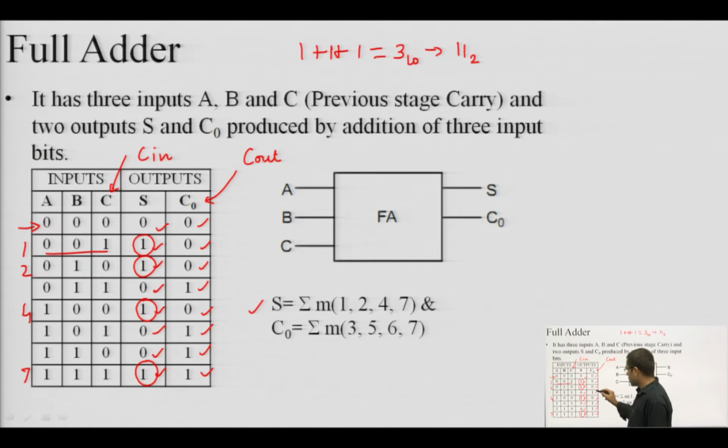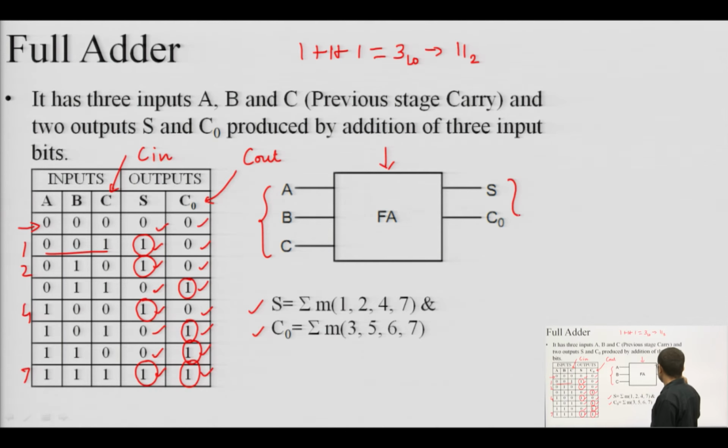Similarly, you can check carry is 1 at 4 places, which correspond to 3, 5, 6 and 7. So, this is the block diagram of a full adder, which has 3 inputs and 2 outputs. And these are the expressions.